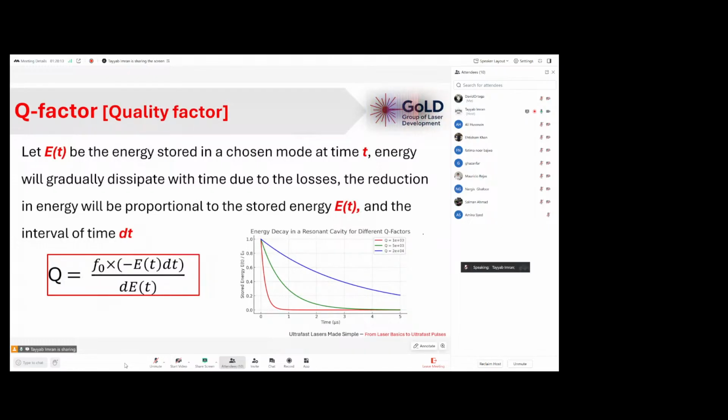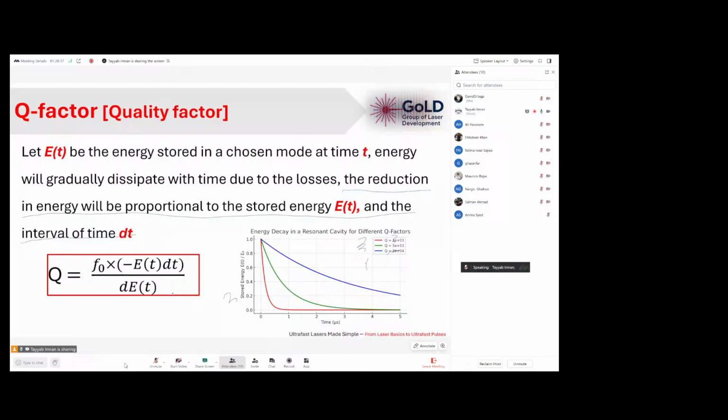The reduction in energy will be proportional to the stored energy, over the interval of time dt.